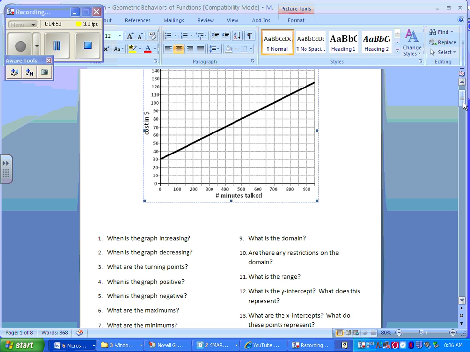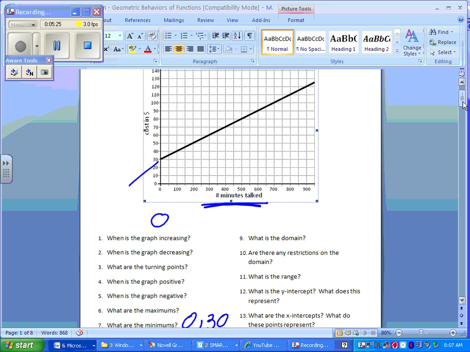So when we write these things down, we talk about your x's or your input or your independent variable first. So the minimum is 0 and 30. So that's your minimum. Now it doesn't go any further than that because you can't talk on the phone for negative minutes. It's one of those things where it's just positive.